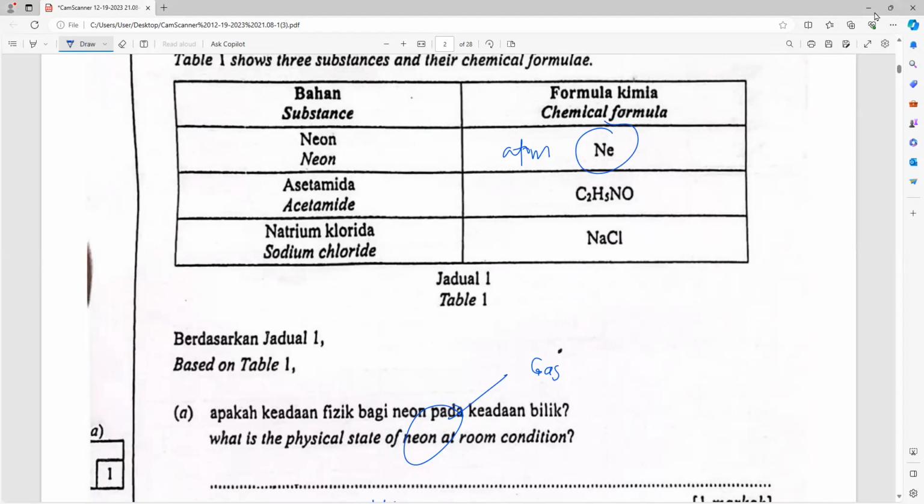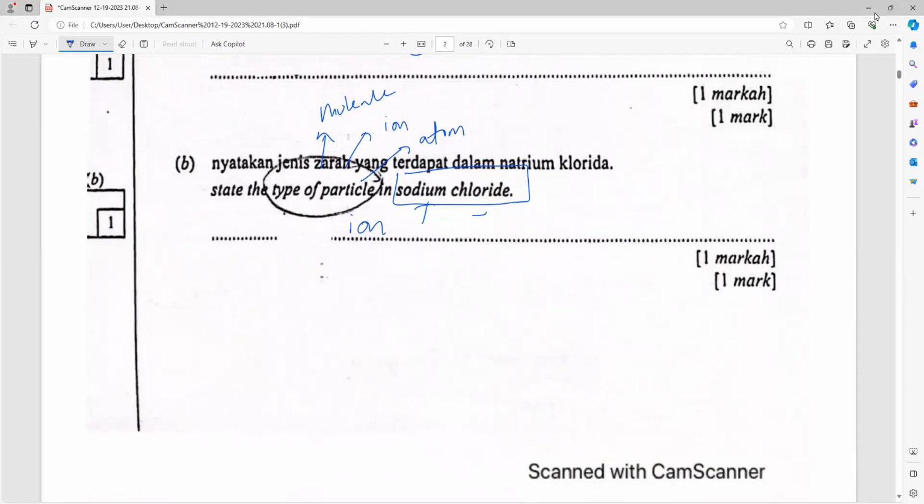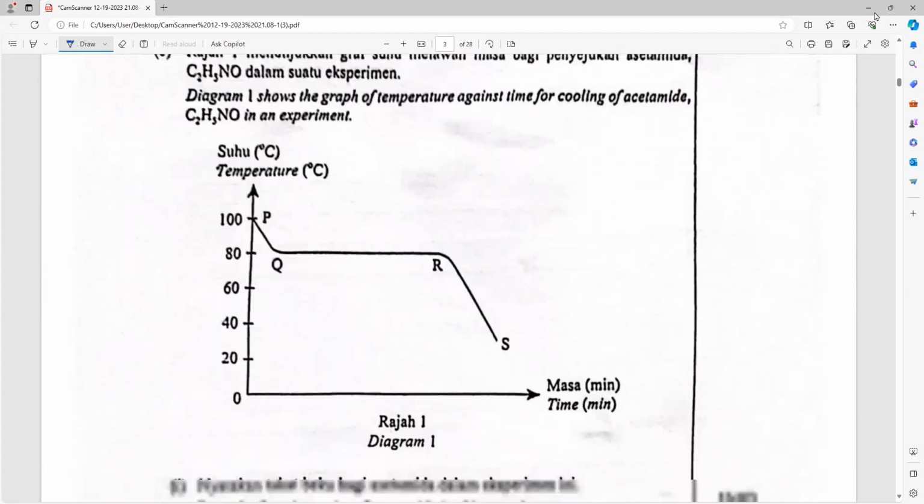And then we look at acetamide. Okay, what is the type of particle here? It's a molecule. Very good. So this is how you differentiate. Remember, type of particle, always remember missing in action. This is how you need to answer them. Okay, then we go on to the next question.